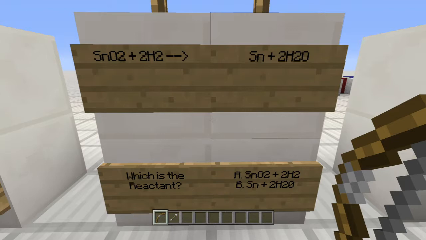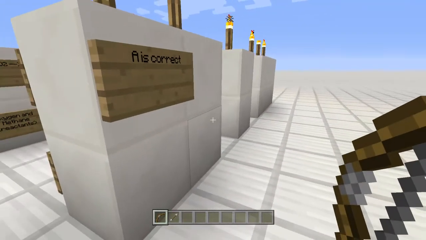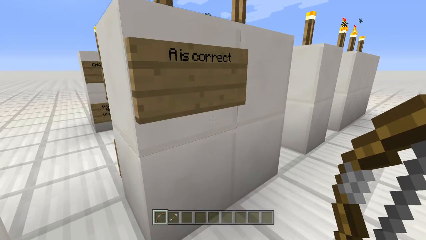Is it A, SnO2 plus 2H2, or B, Sn plus 2H2O? You have 10 seconds to think of your answer. Time's up. If you answered A, you are correct.